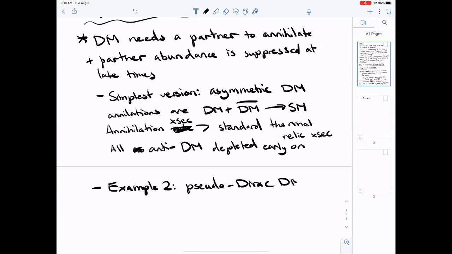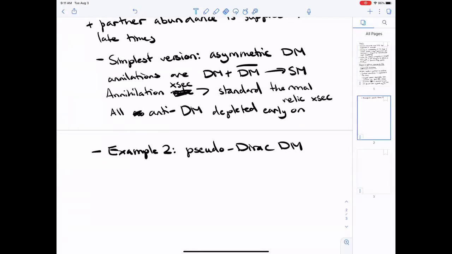So I'm just going to sketch the particle physics here, but if people want to know about it in more depth, you should feel free to ask questions or come talk to me later. So the idea here basically is let's start with a model where at high energies, the dark matter is a Dirac fermion charged under some dark U(1) gauge group, okay?